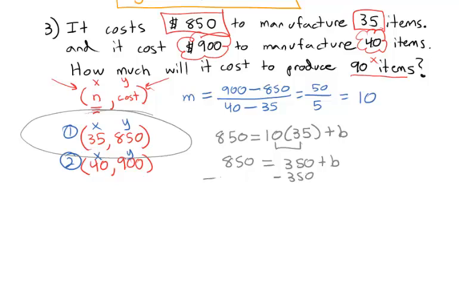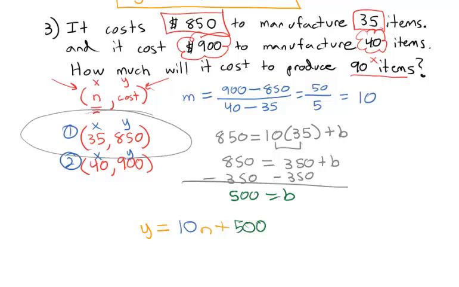Subtract the 350 from both sides. And what we're going to end up with is 500 equals b. Now we can make our equation. Our y equals m, the slope is 10, times the number of items plus the starting value of 500.